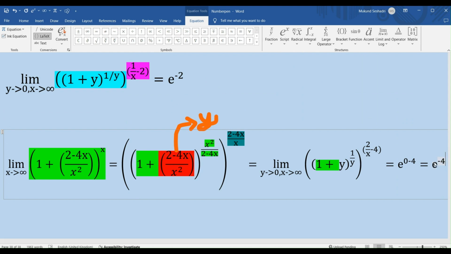So now we have solved for the numerator and we have solved for the denominator.